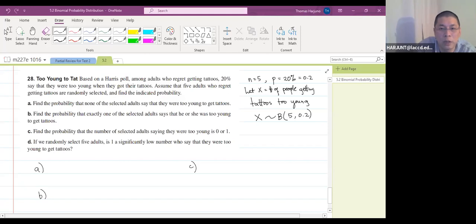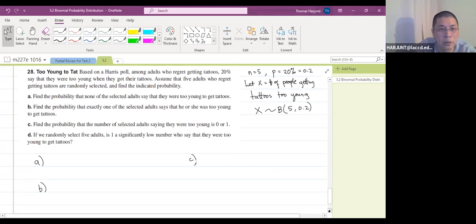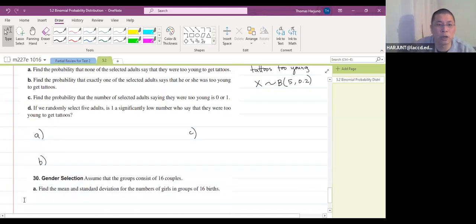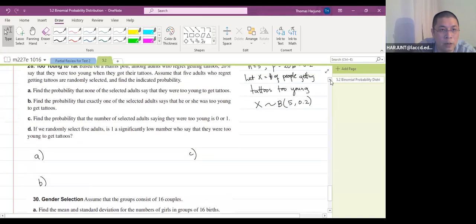Let's do this one first. Let me just put it right here: number 30A. You have your textbook, so you can see number 30A yourself.